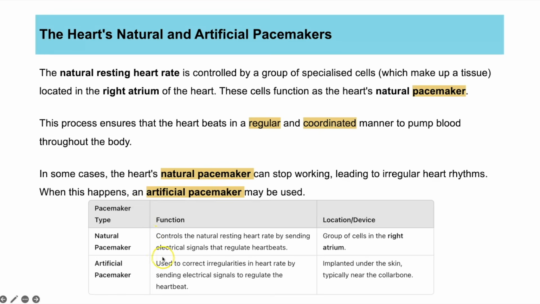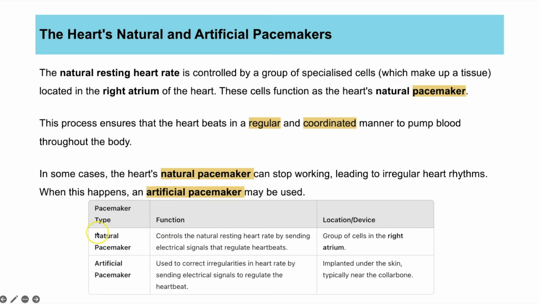This is implanted just under the skin, usually around your neck, at your collarbone, and then you have a little cable that goes through blood vessels to reach the heart. The artificial pacemaker will release that wave of electricity instead, and that will now be what is controlling your heart rate. So that would be the treatment if your natural pacemaker cells weren't working correctly anymore.